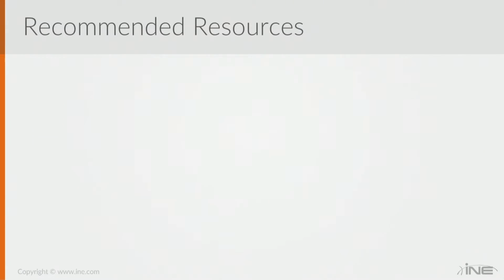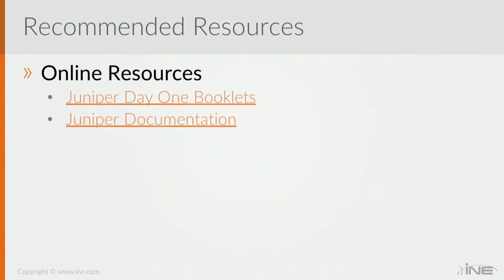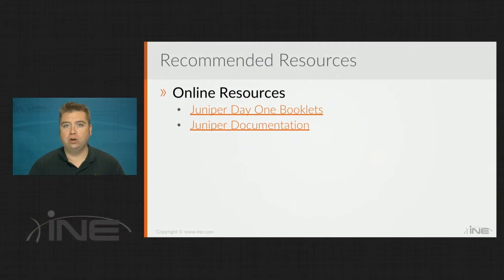Now, in terms of additional resources beyond just this particular video series, one of the ones that I would recommend to start with, assuming that you have no experience at all with Juniper, is a series on their website that they call the Day One booklets. So these are free to download.